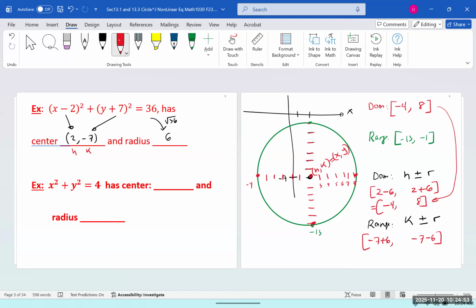To find the range, you take the y value of the center, which is k. You subtract the radius and you add the radius. That's your range. So -7 minus 6 is -13, and -7 plus 6, -1, which is same as this one.